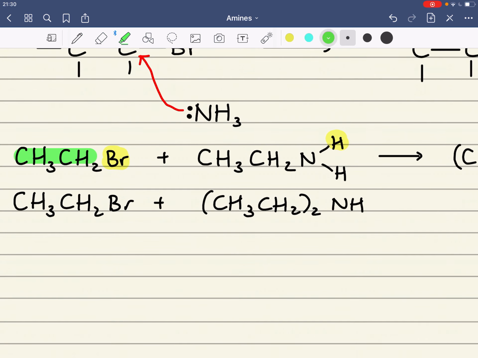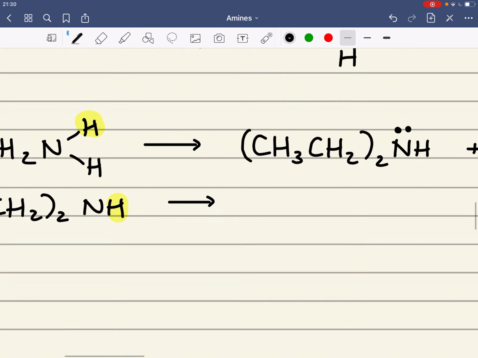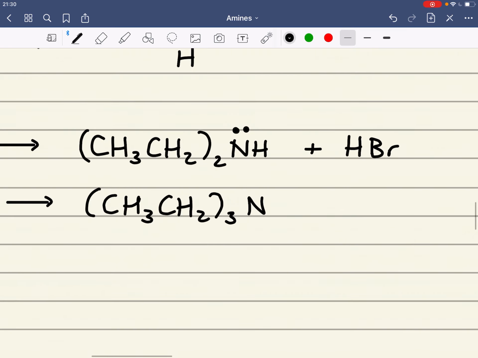So again, this hydrogen here will be lost with the bromine, and this CH3CH2 will take the place of this hydrogen. And we get the following. We get triethylamine.